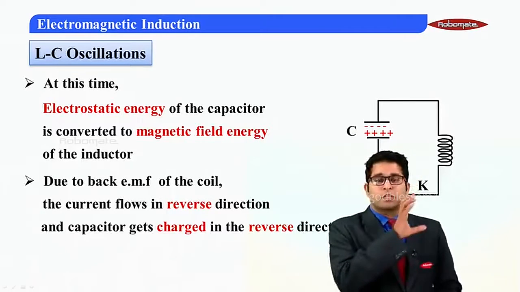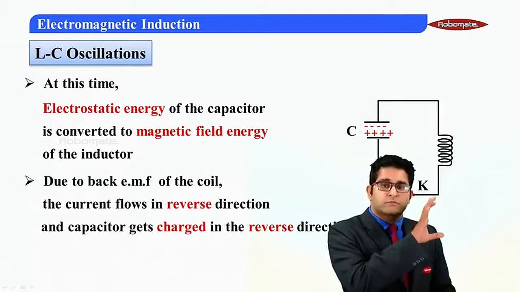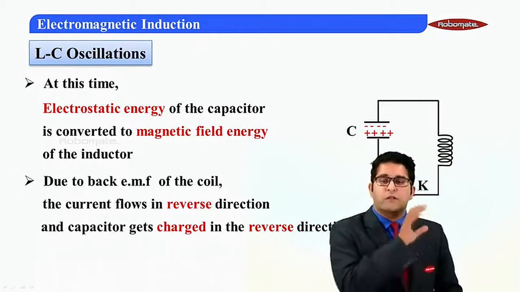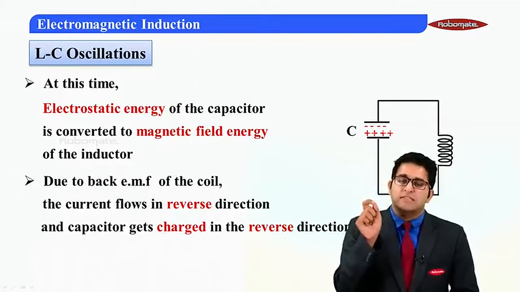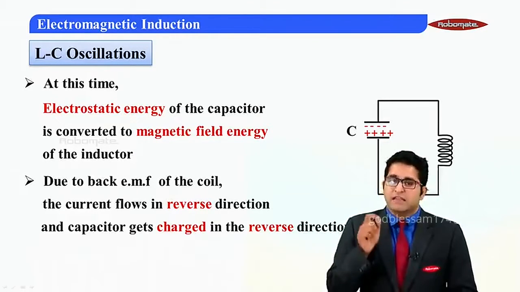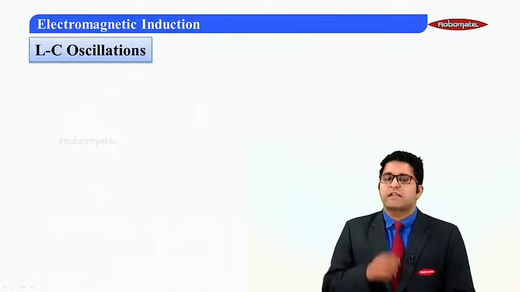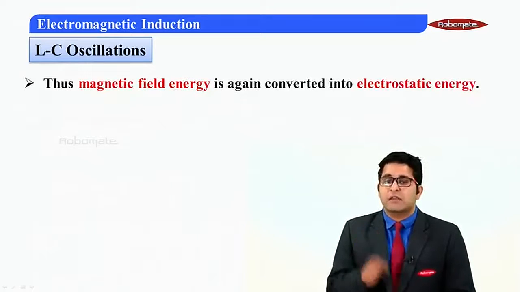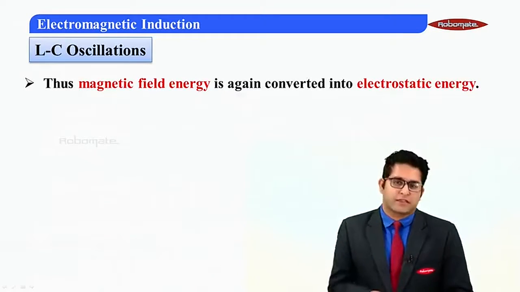After some time, the total magnetic field energy which was produced around this inductor coil will be used up to charge the capacitor, and thus again we can say the total magnetic field energy which was generated around the inductor got restored in the capacitor in the form of electrostatic energy.